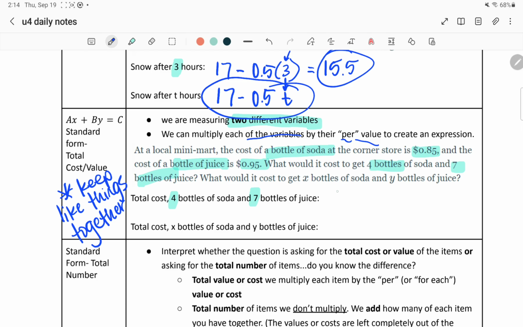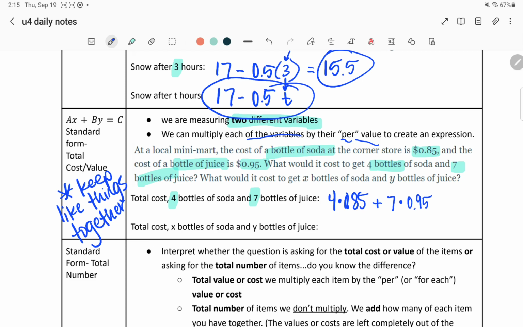So 4 bottles of soda times the value of the soda, which was 0.85. And then I'm going to put 7 bottles of juice with the rate for juice, which was 95 cents. And if I'm at the grocery store and I'm racking up my bill, what they're doing is they're adding all those values together.